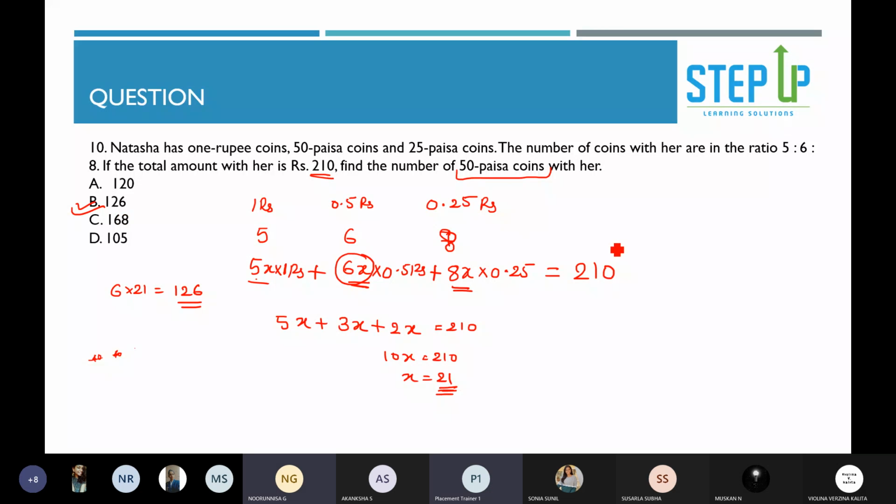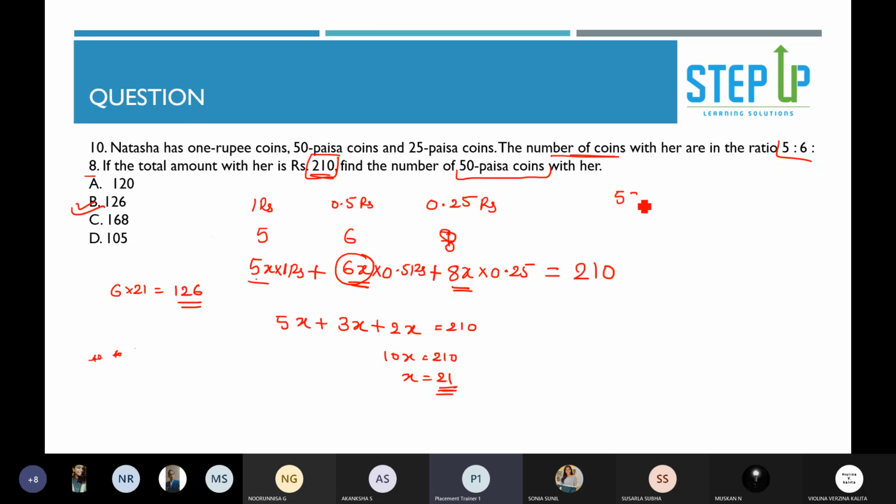Ma'am, can you repeat once again? Okay. So tell me, this 210 is total rupees or total number of coins? Total rupees. Right. But the ratio they have given to us, 5 is to 6 is to 8, is the number of coins she has.